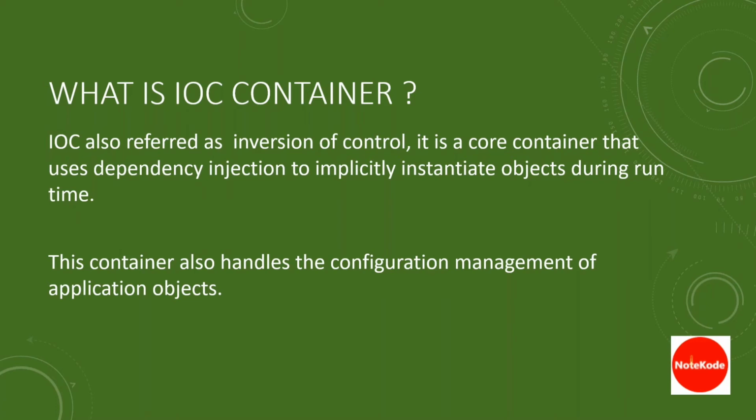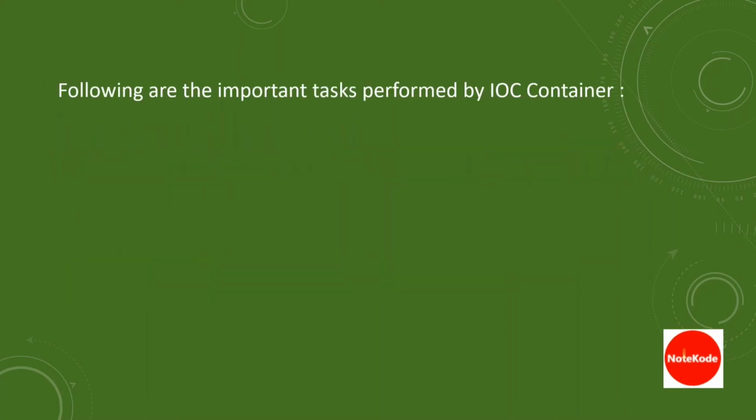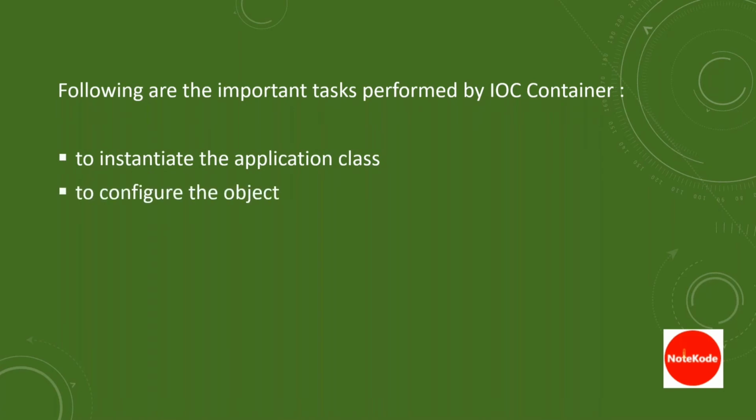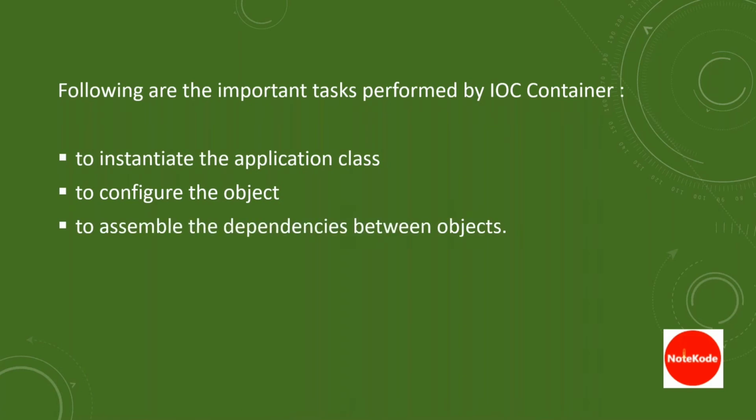Let's see what are the various tasks performed by the Spring IOC container. Following are the important tasks performed by the IOC container: to instantiate the application class, to configure the object, and to assemble the dependencies between objects.